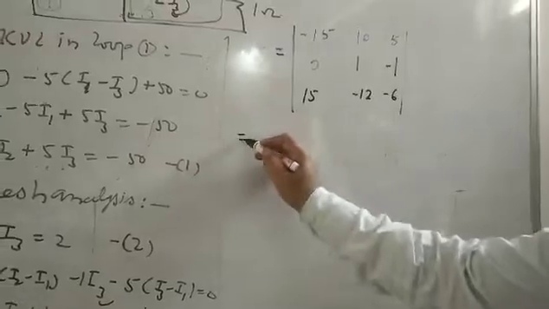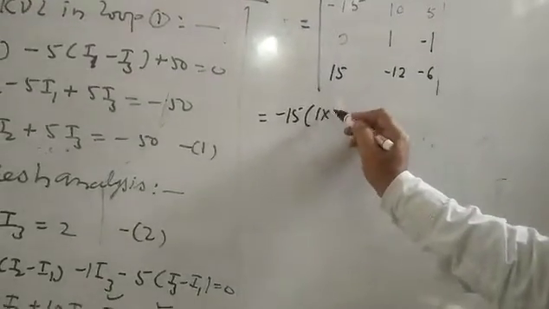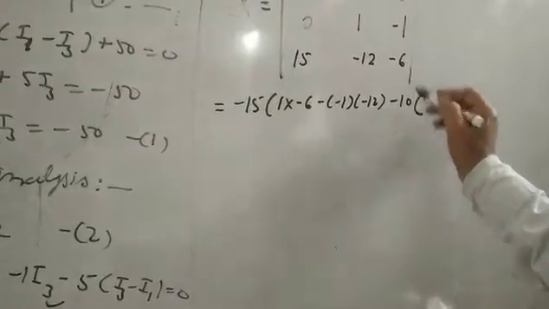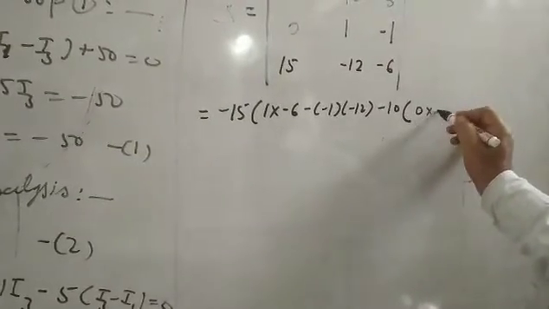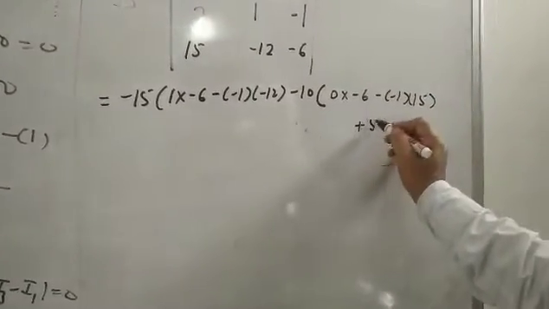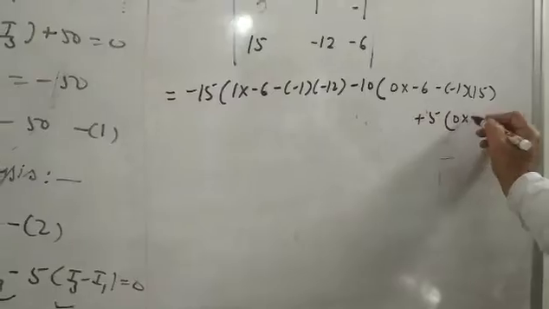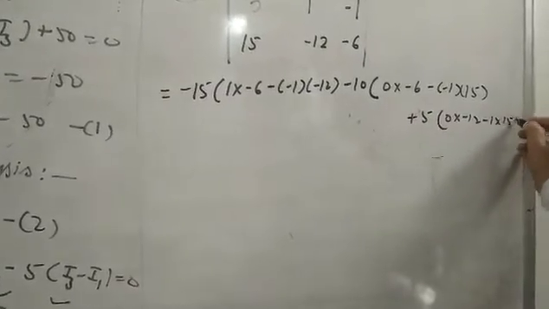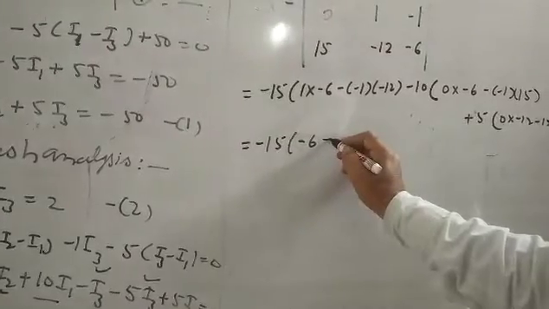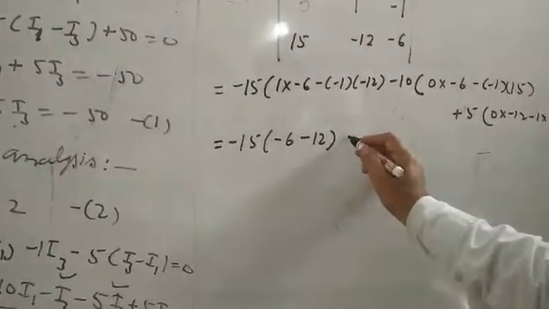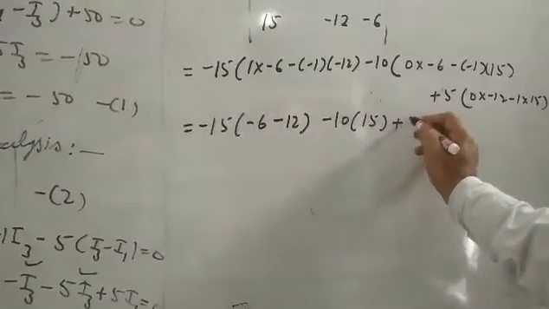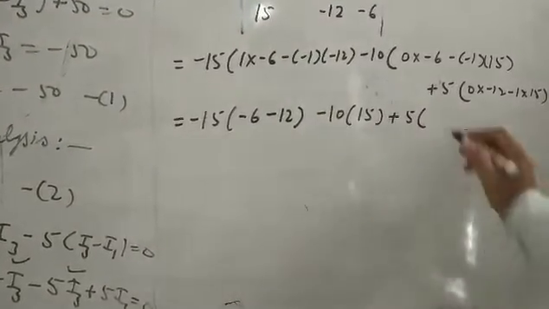And now solving this, minus 15 into (1 into minus 6, minus 1 into minus 12), minus 10 into (0 into minus 6, minus 1 into 15), plus 5 into (0 into minus 12, 1 into 15). This is equal to minus 15 into minus 6 minus 12, minus 10 into plus 15, plus 5 into minus 15.